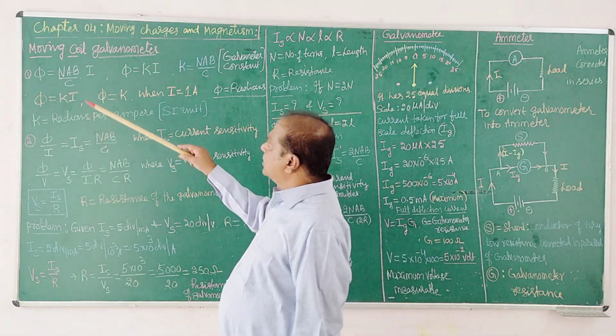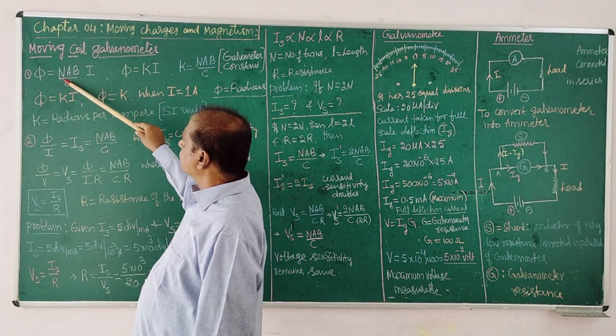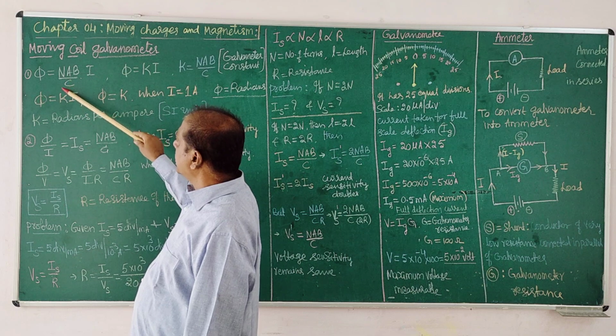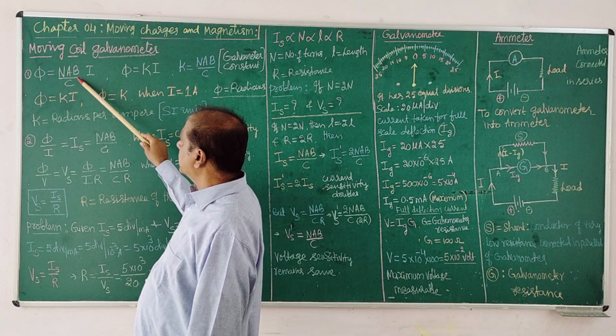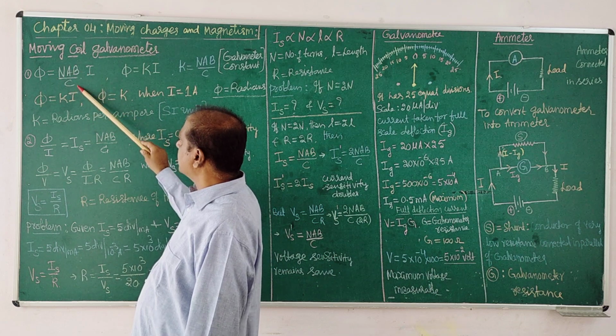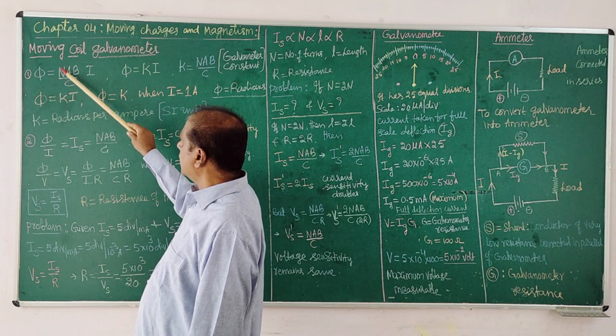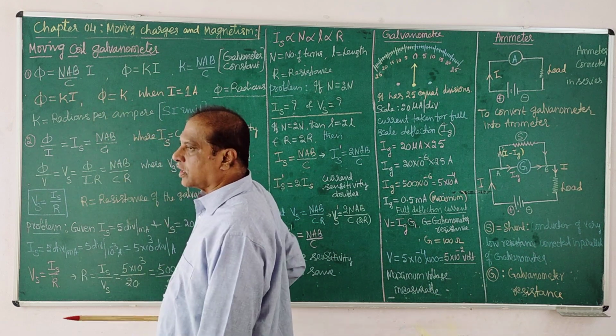Look at this, all these parameters are constant, and the mathematical form of this is also a constant. Let us write this entire function of mathematics as constant, because all of them are constant for that galvanometer.